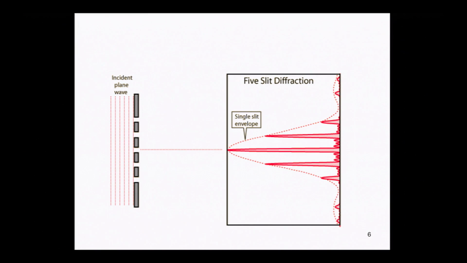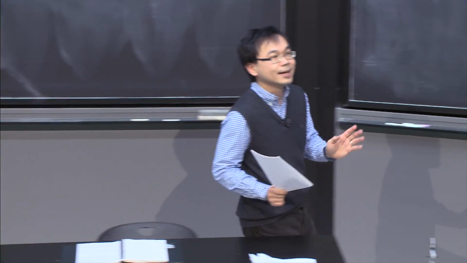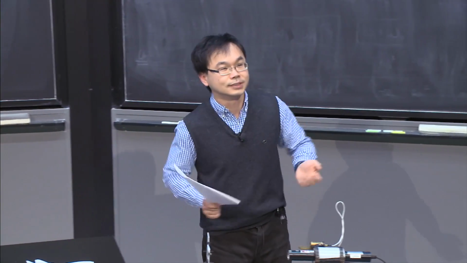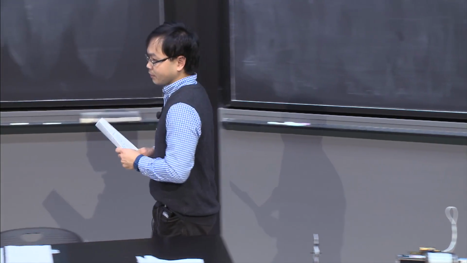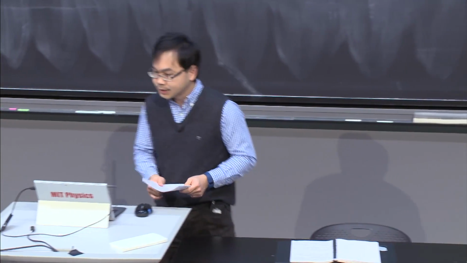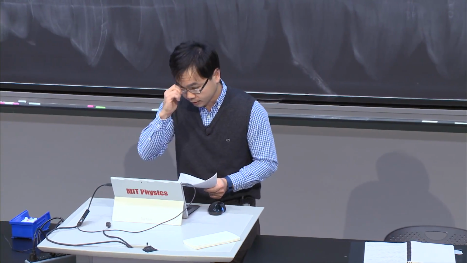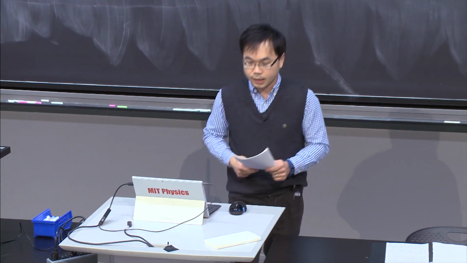In this case, you have a 5-slit interference pattern, but the intensity is modulated by the pattern from a single-slit diffraction. That is what we learned from the last lecture.